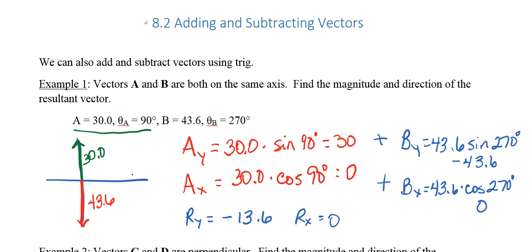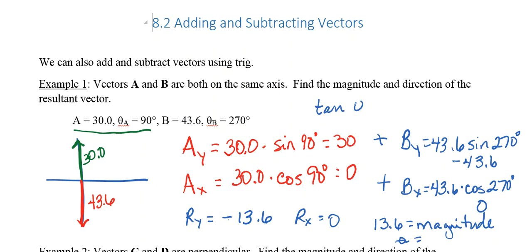So now I'm going to use my Pythagorean theorem to find the side length, which is going to give me 13.6. So that's my magnitude. And if I do my inverse tangent, I can tell it's going down, so my angle is going to be, we're supposed to do it without that, so let's go ahead and do it.